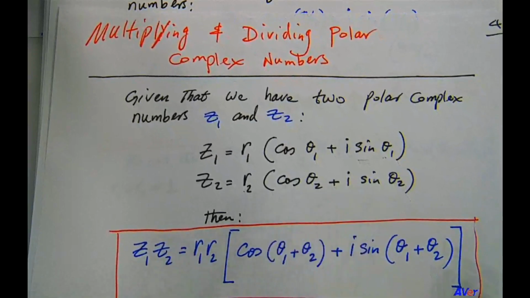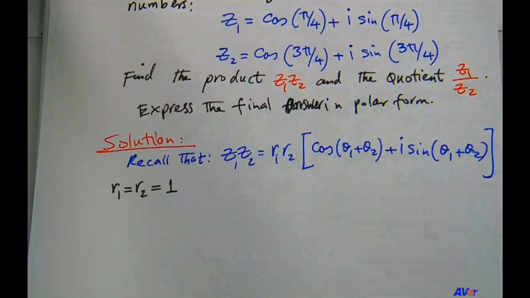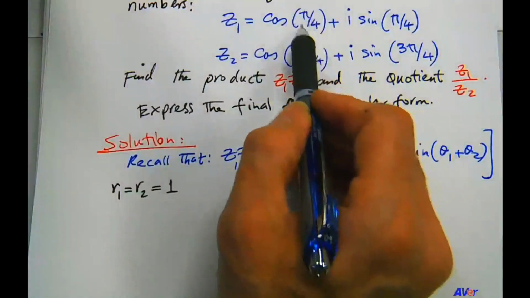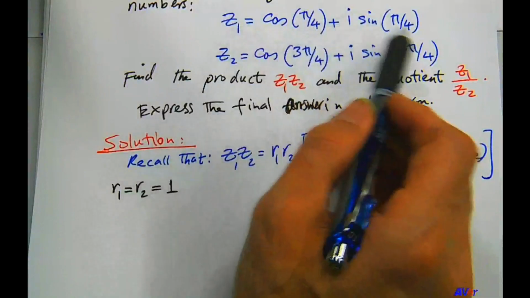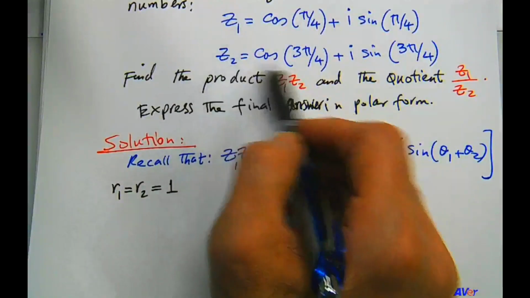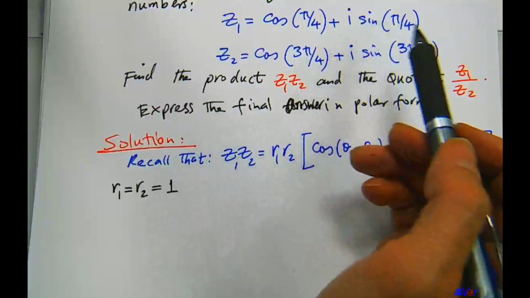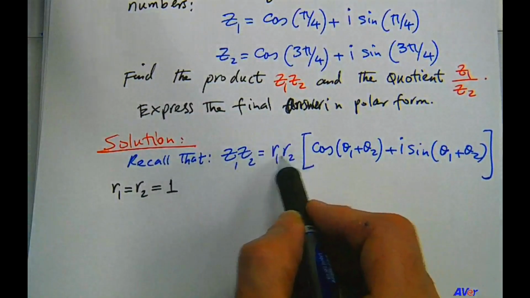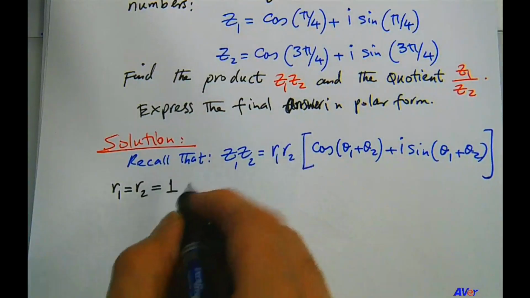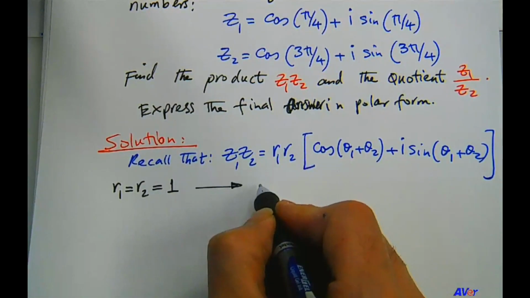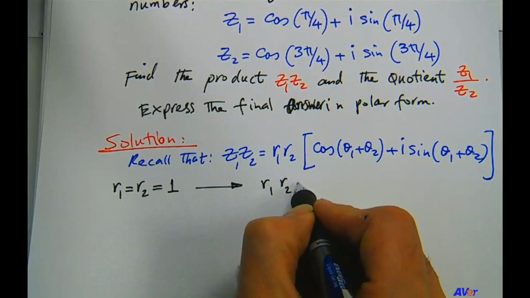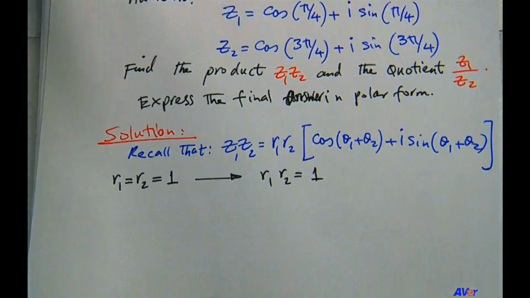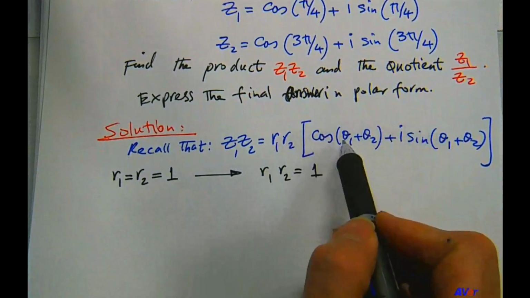Compare that with these. The r is equal to 1, right? The theta for z1 is pi over 4. The theta for z2 is 3 pi over 4, but r is 1. So r1 equals r2 equals 1. Therefore, r1 times r2 is equal to 1. Okay? So then 1 times all of that.